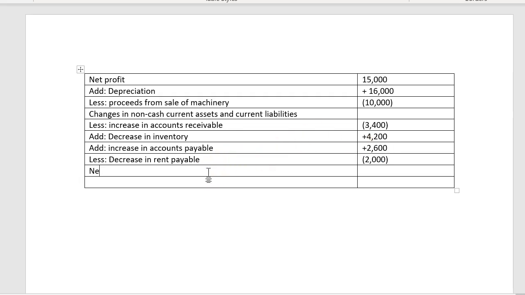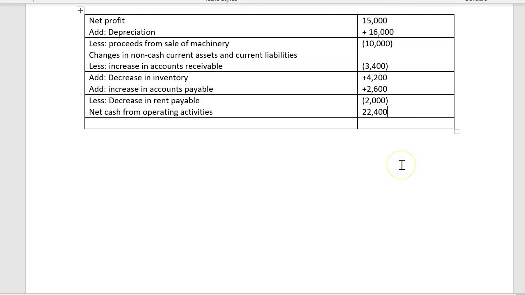And that gives you net cash from operating activities. You should get 22,400.